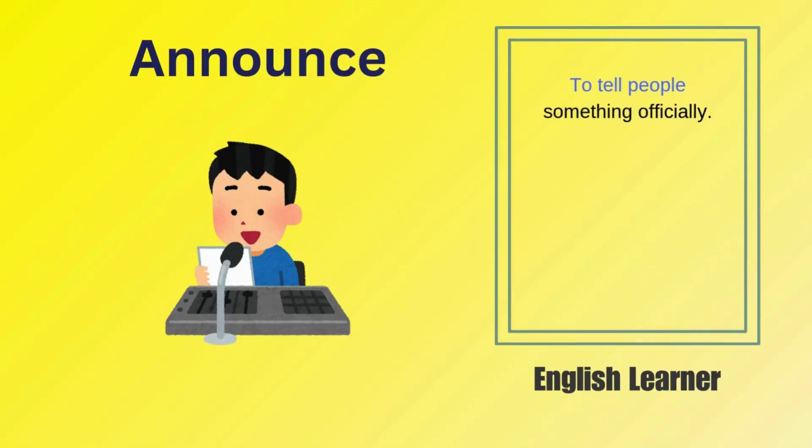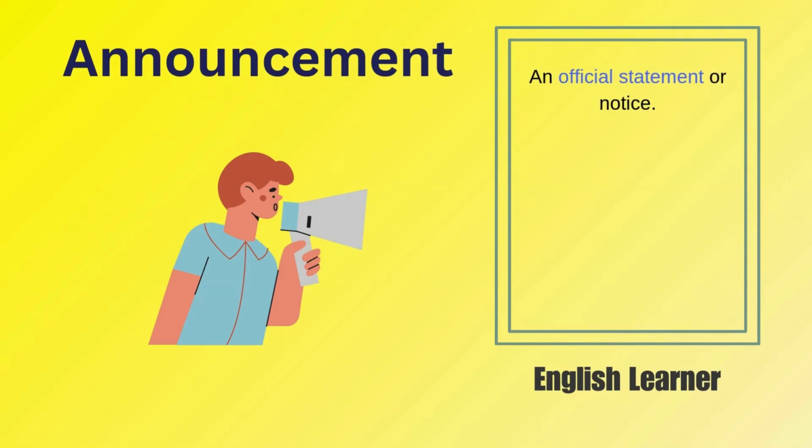Announce. To tell people something officially. Example. The teacher will announce the winner of the spelling contest. Announcement. An official statement or notice. Example.